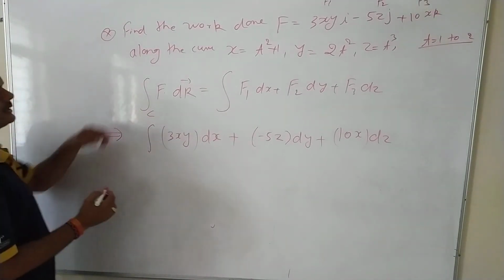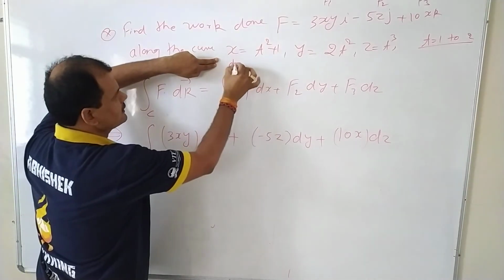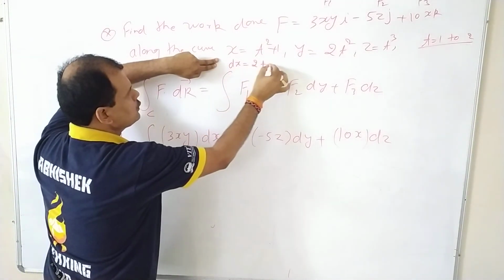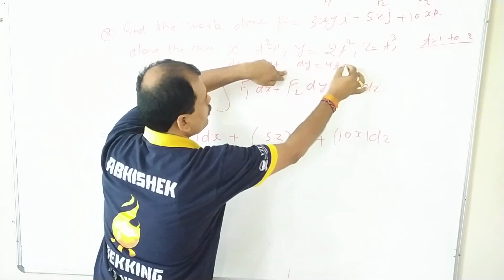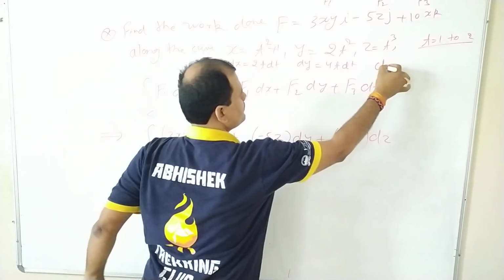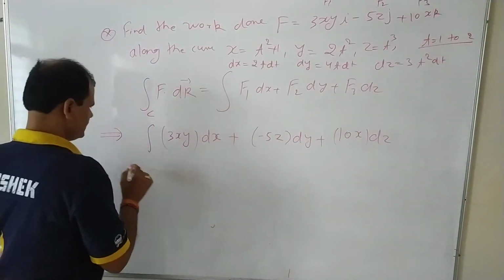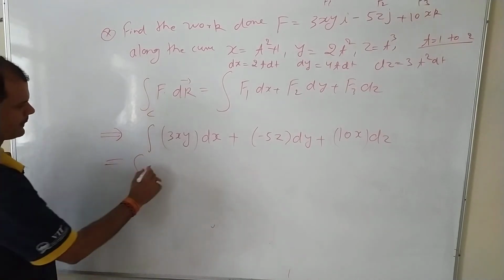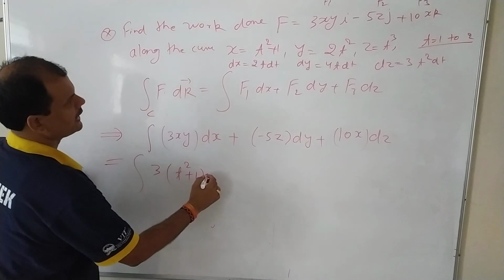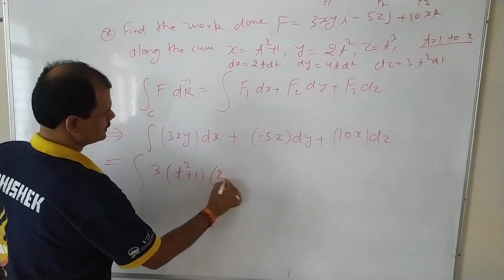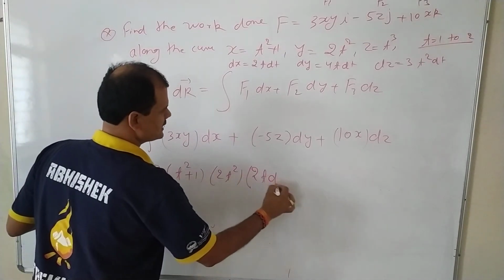Now in place of x we put t square plus 1. So what is dx? Dx will be 2t dt. What is dy? Dy will be 4t dt and dz will be 3t square dt. Let us see. So this will be 3x, where x equal to t square plus 1 and y equal to 2t square and dx equal to 2t dt, fine.